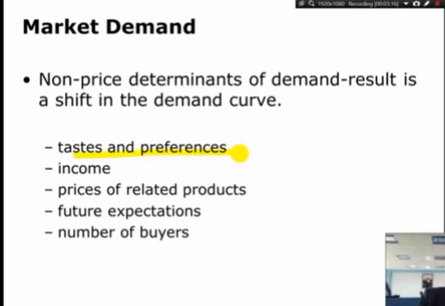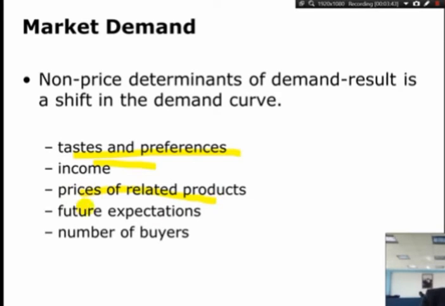And then here are the things that shift demand. Either tastes and preferences: people think jirjir is amazing. Income: people have more money, then they buy, and they will shift to the right. Prices of related goods: if another complementary product becomes very cheap, then maybe now people will demand this complement. If the other one is a substitute and it becomes very cheap, then people stop buying.